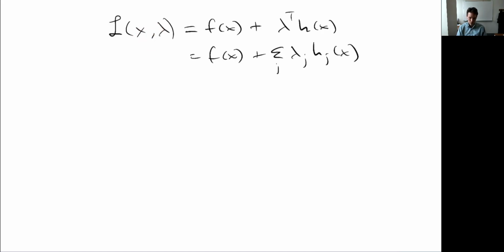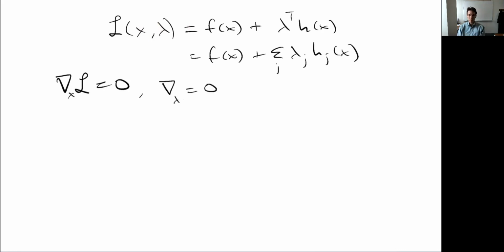So if we thought about it in that way, let's think about this as our new unconstrained function with more variables. And if it was an unconstrained problem, we need the gradient of the Lagrangian to be 0, just like we need the gradient of f to be 0 for an unconstrained problem. The only difference here is that I have more variables. So I need the gradient with respect to x to be 0, and the gradient with respect to lambda to be 0.